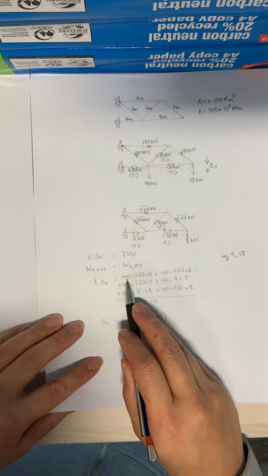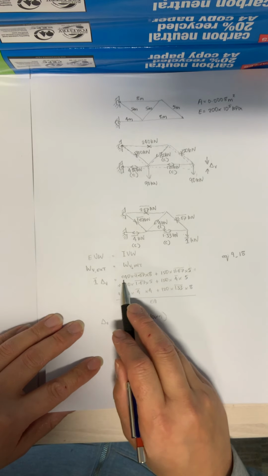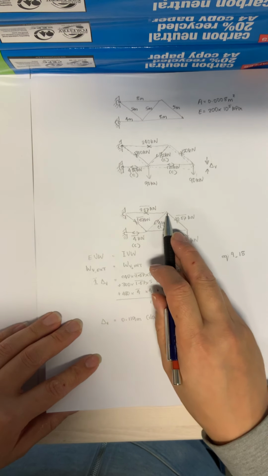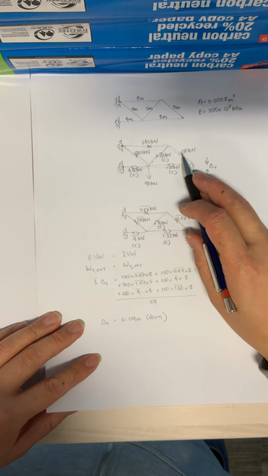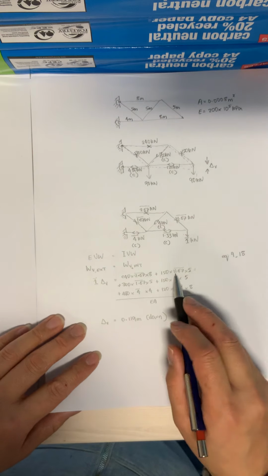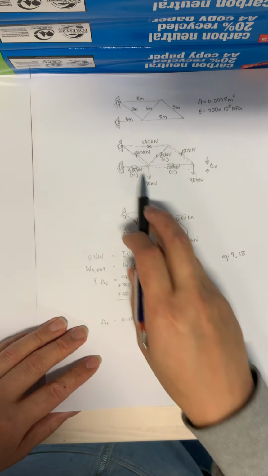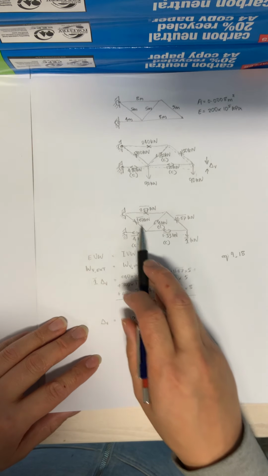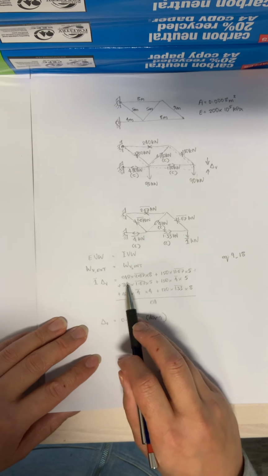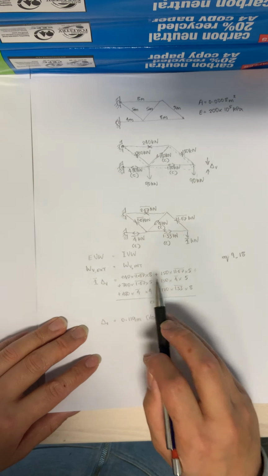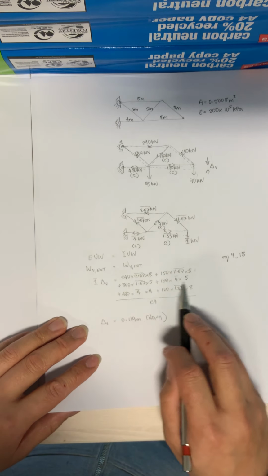So positive, so that number then becomes positive. So we can see that this one and this one here, they're both in tension, and so that's positive. We can see this one, which is in compression, and that one here, they're both in the same direction, so it's positive, and so on.